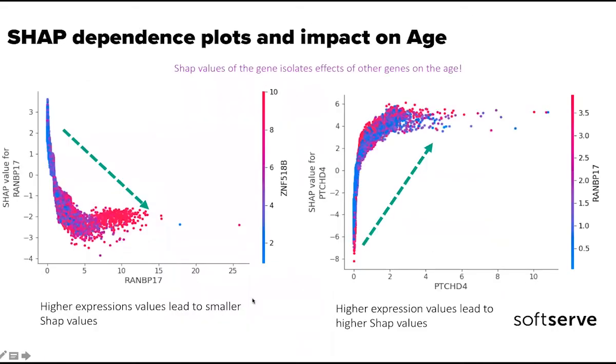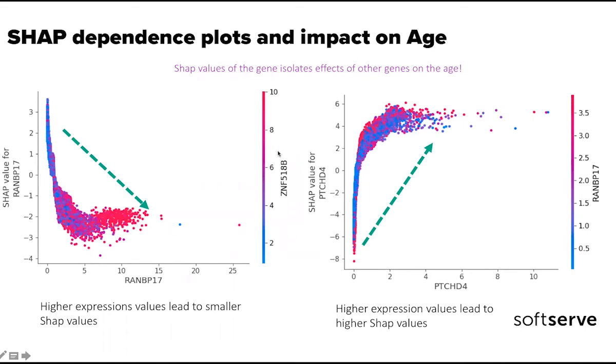We also have one more type of plot that can be built in the SHAP library, and that's the interaction plot. Here on the y-axis you have the SHAP value, and on the x-axis you have your actual gene expression. The color variable might be omitted, then all of your points would be in one color.